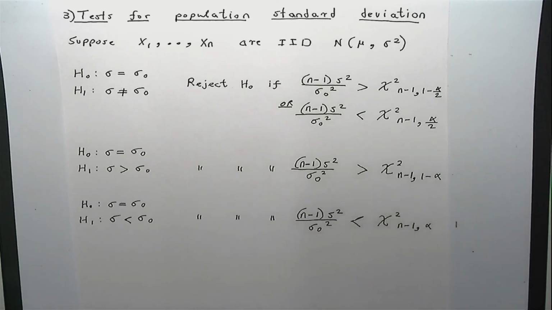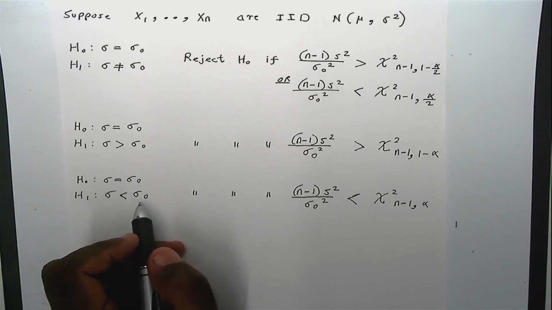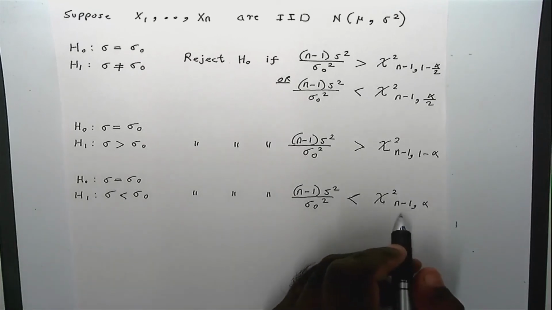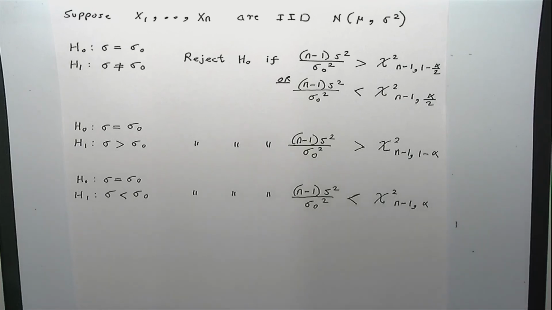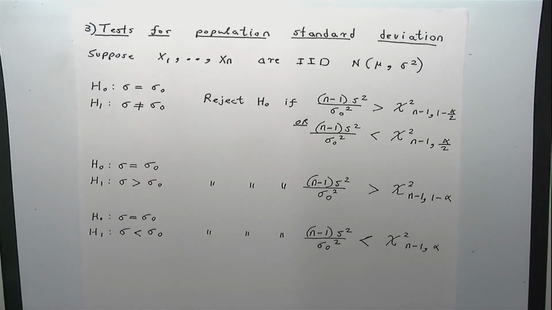And finally, if the alternative is sigma less than sigma 0, then the corresponding rejection rule is this. Right? So this completes the test for population standard deviation.